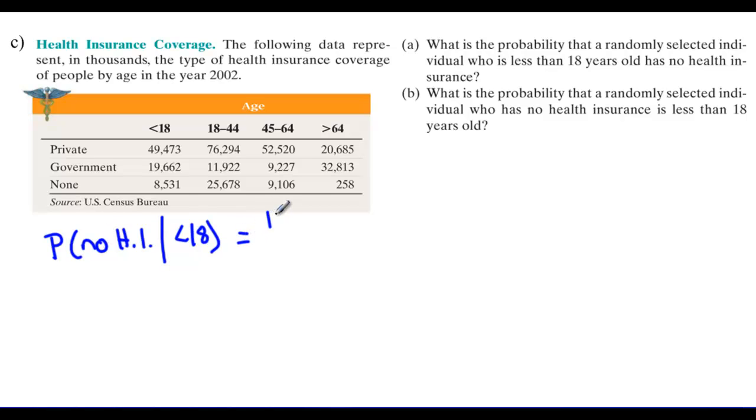So to do that, we're going to get the probability of no health insurance and less than 18, and divide that by the number of people that are less than 18. So let me change that P to an N up here just to be proper.